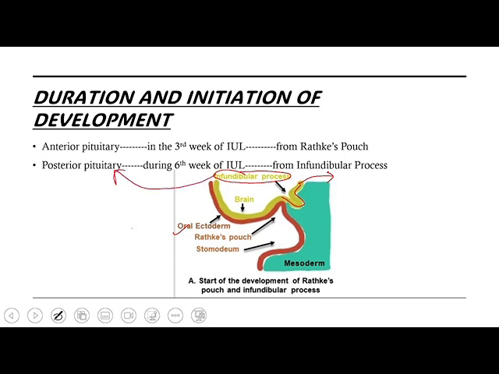And next we can see this oral ectoderm, which we had called stomodium, and there is upward growth of this ectoderm that gives rise to the Rathke's pouch, and this later on forms the anterior pituitary gland.